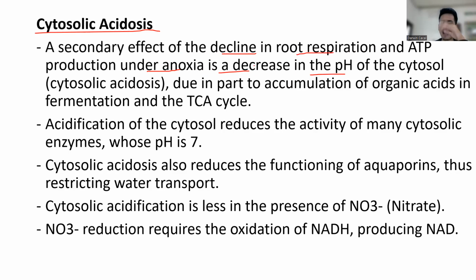So bumababa ang alkalinity at acidity due to accumulation of the organic acids in fermentation and TCA cycle. So yung sinasabi niyang decrease in pH, hindi ito sa soil, kundi doon sa mismong seeds or sa plants natin. So the acidification of the cytosol reduces the activity of many cytosolic enzymes whose pH is 7.